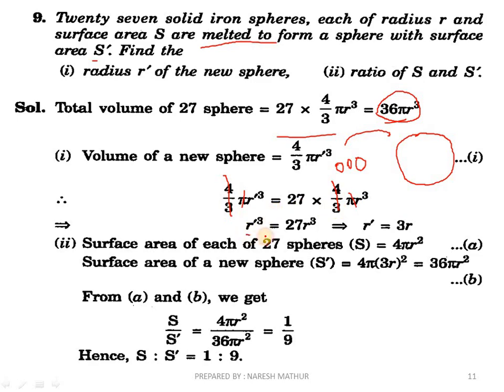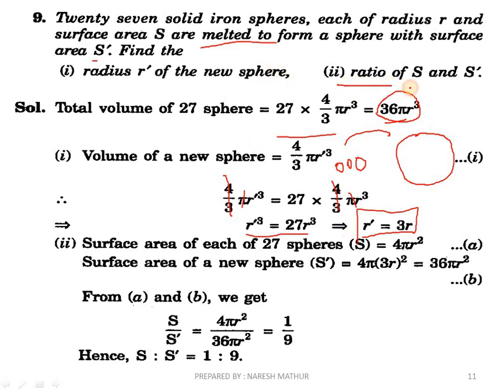So we have r dash cube equals 27 r cube. Now taking cube root on both sides so that we can get the new radius, r dash equals 3r. It means the radius of the new sphere would be 3 times the radius of the smaller sphere.